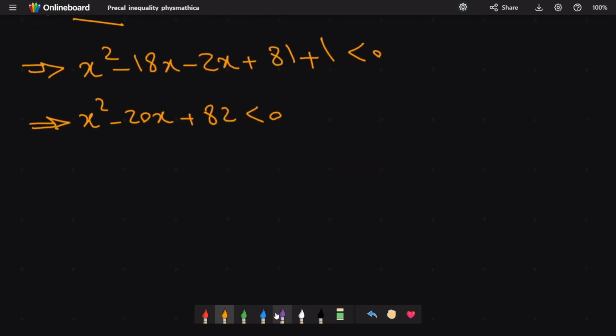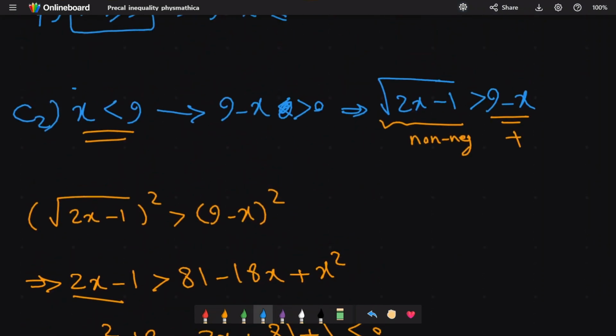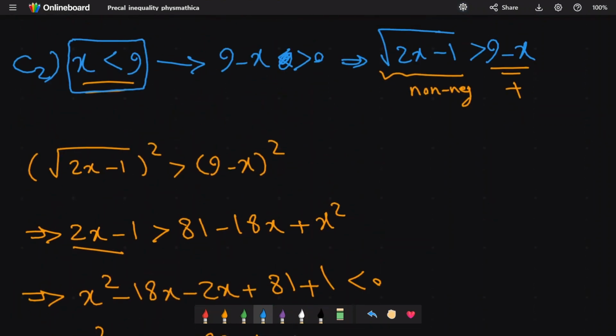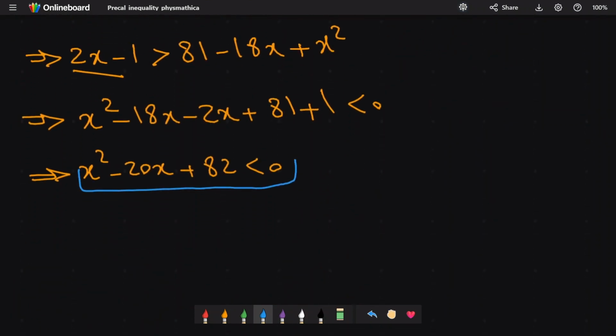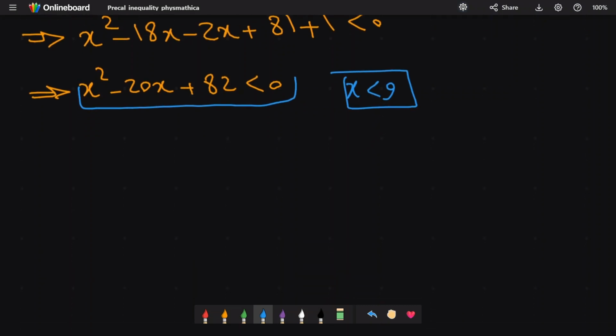Again, don't forget, we have this when our x is less than 9. Whatever the solution for this quadratic is, we also have to consider that x has to be less than 9. So we put this aside for now.